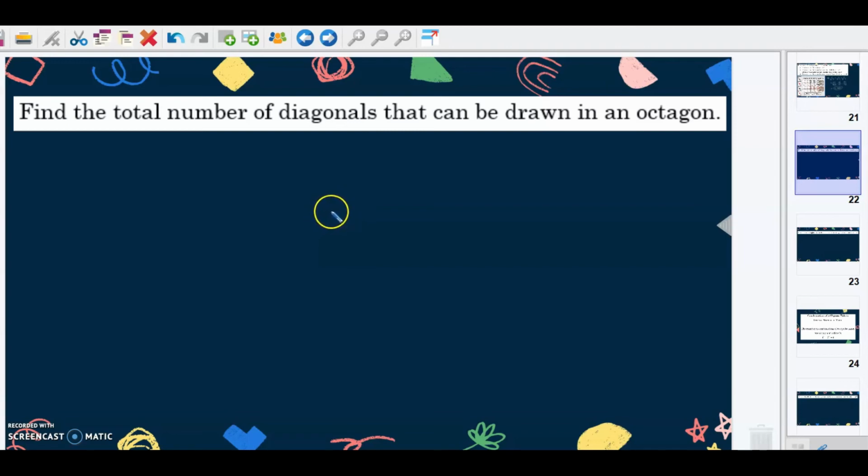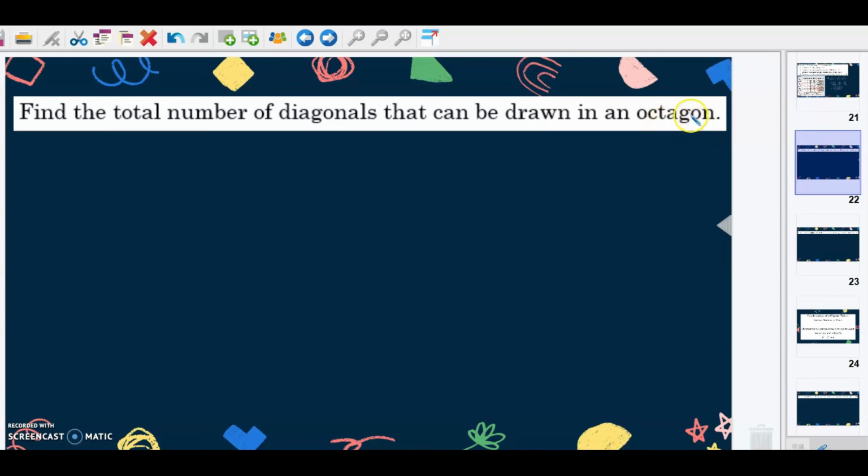diagonals in an octagon. So since an octagon has 8 sides, meaning it also has 8 vertices, and we define a diagonal as the segment joining two non-consecutive vertices of a polygon.